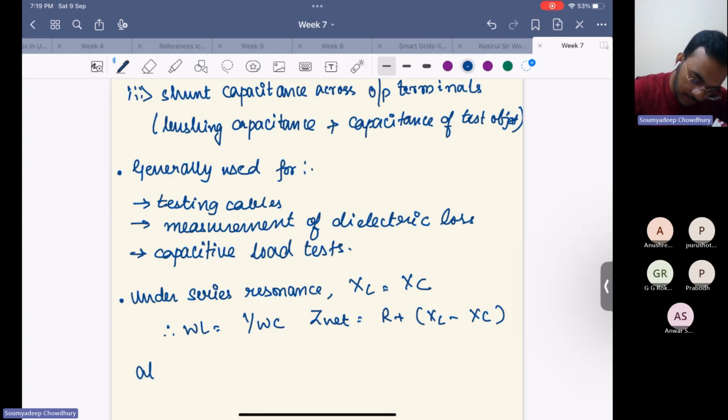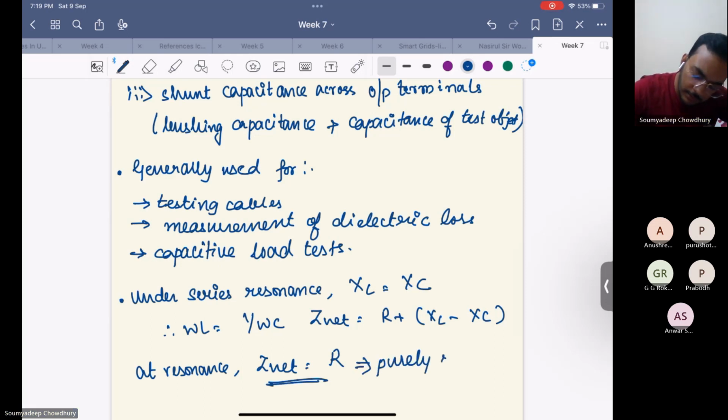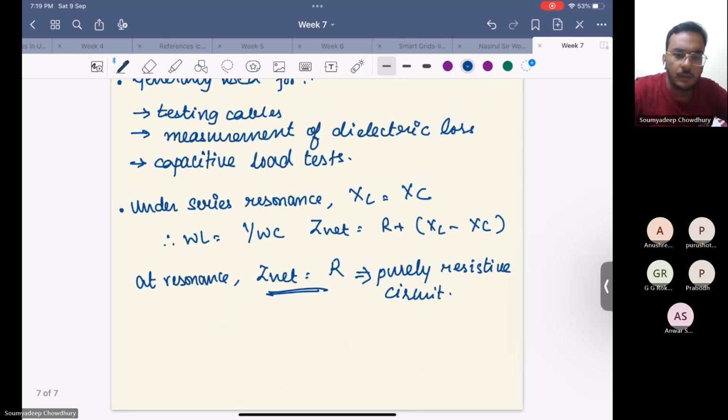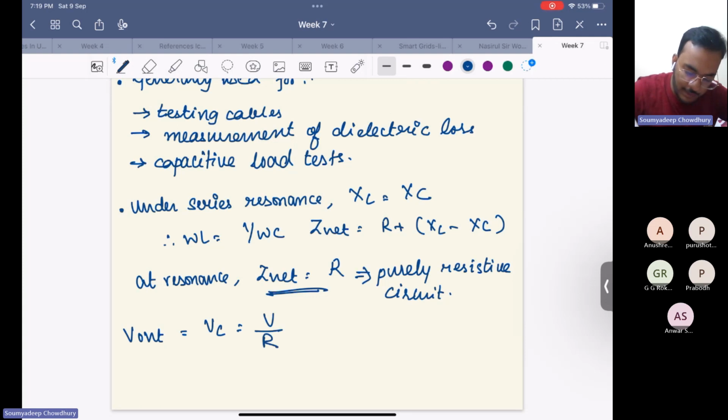So at resonance, net impedance Z net will be equal to R. So it will be a purely resistive circuit. So what will be the output voltage? That is, V out will be equal to the capacitor voltage, right? So it is basically the current, that is V by R, into XC. So it is V by R into 1 by omega C.